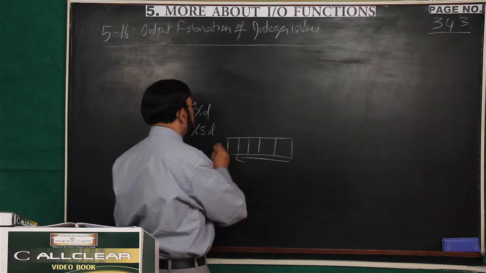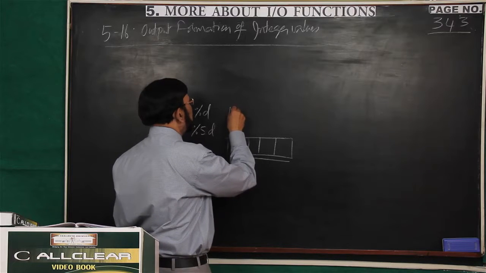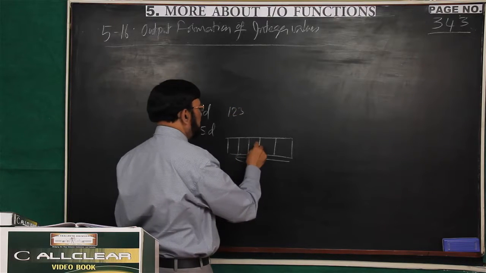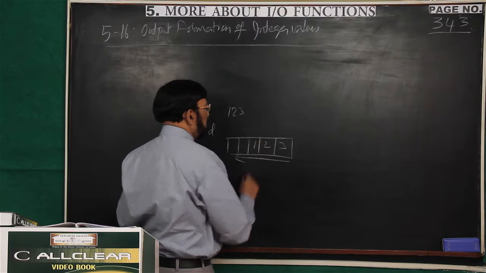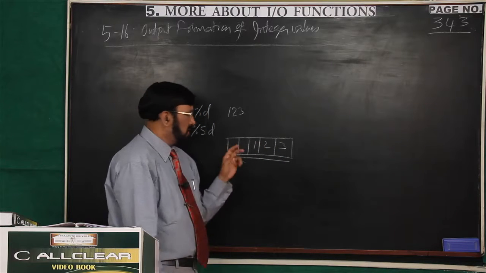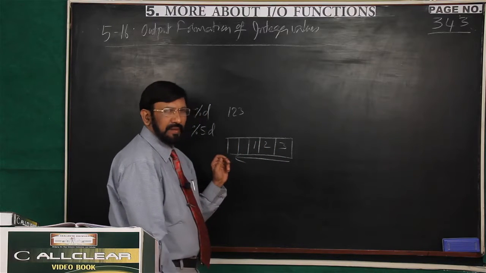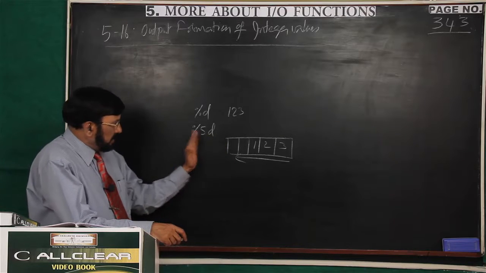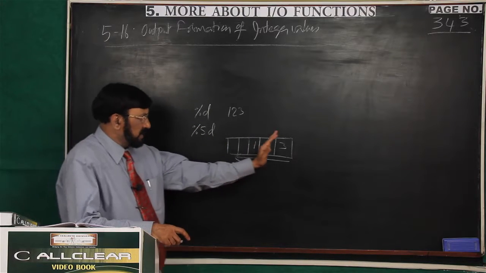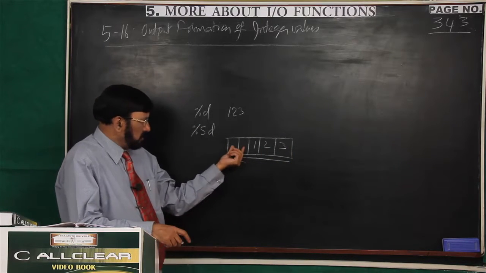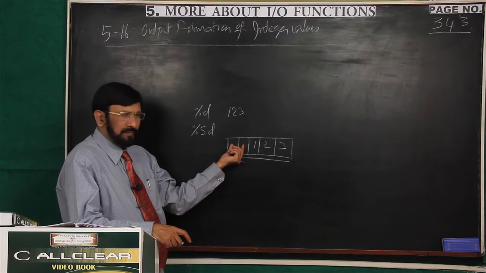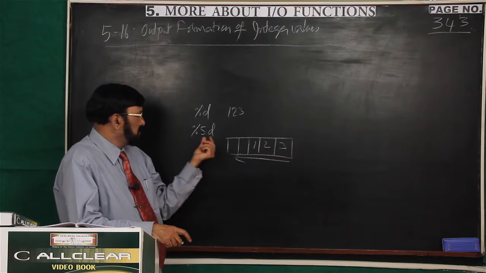It is filled like this. Suppose the integer value is 123. How is it printed? Here 2 spaces are kept vacant. In this way, for a series of data items you are writing, whatever number of spaces you want to leave, that many spaces can be left. Simple thing.